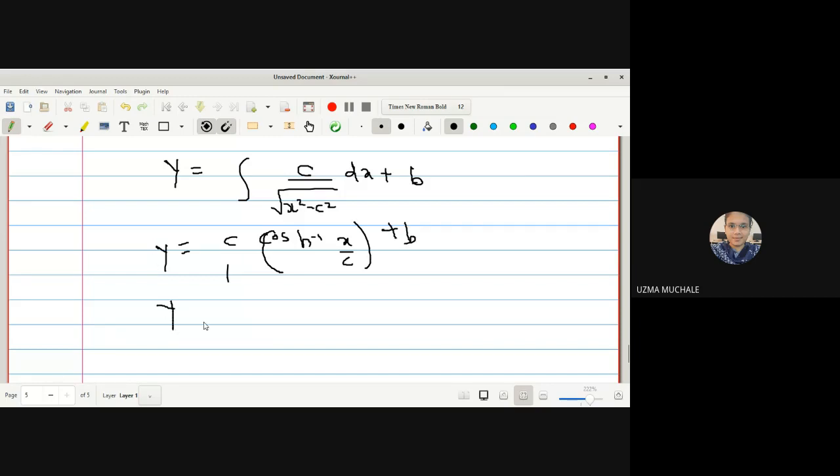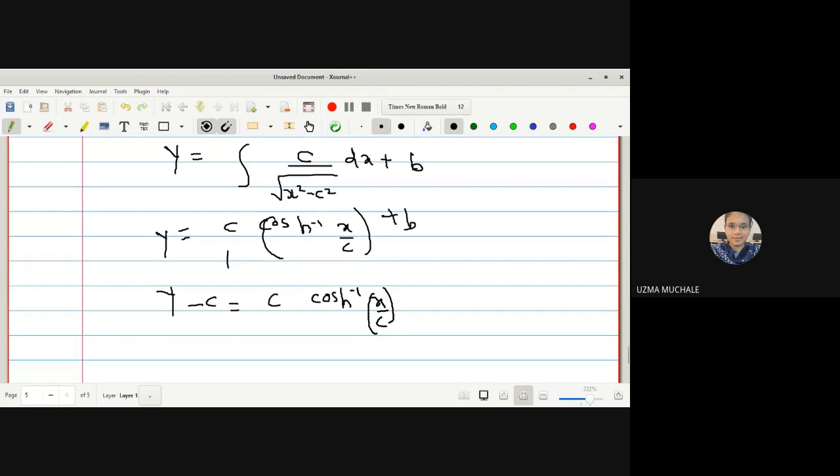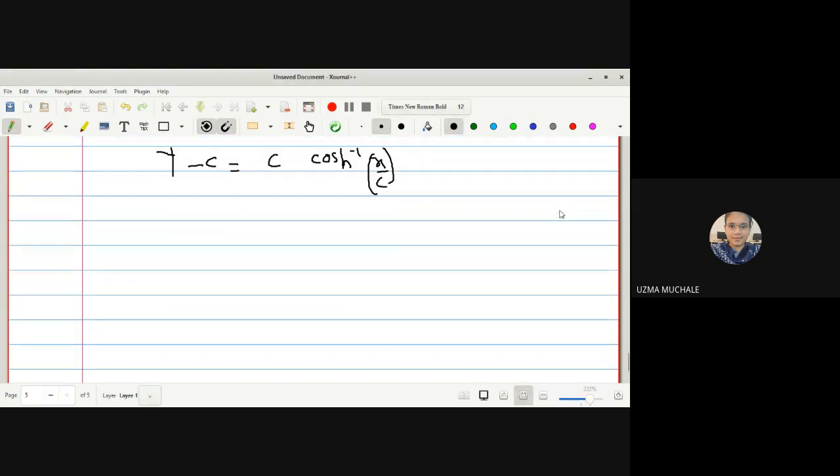Now I can take b to the other side: y minus b is equal to c hyperbolic cos inverse of x upon c. Again, you can divide by c: y minus b divided by c is equal to hyperbolic cos inverse of x upon c.